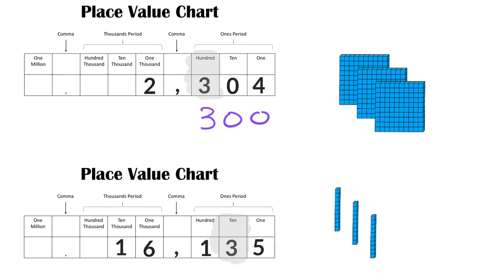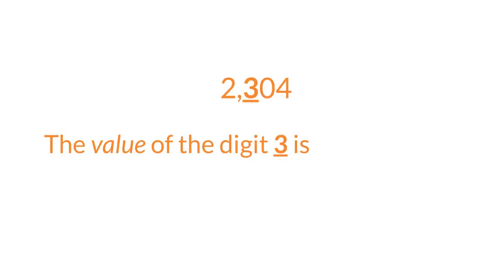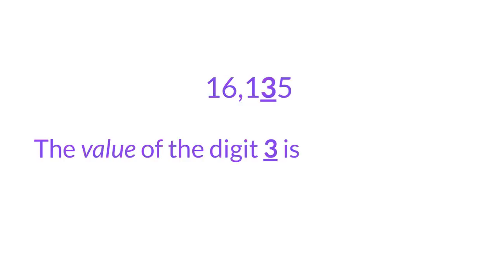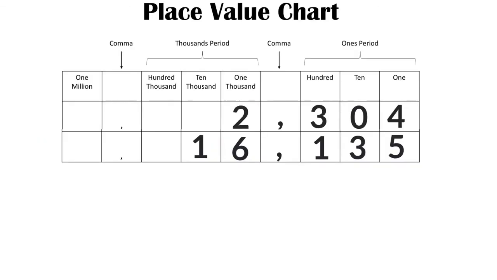Each long represents 10, so 3 longs is 3 tens, or 30. So the value of the digit 3 in 2,304 is 300, and the value of the digit 3 in 16,135 is 30. It's important to remember that 3 hundreds is 10 times the value of 3 tens.